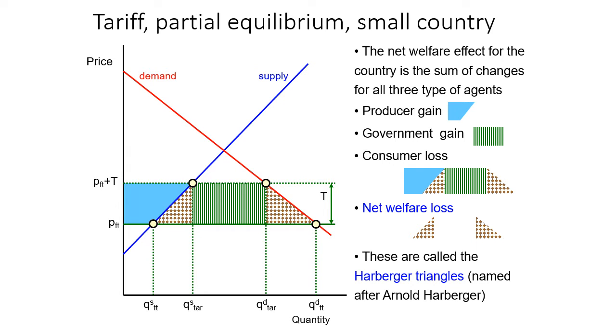But at that low price, producers are not incentivized to produce, because they're not going to get so much profit when prices are lower. So at the price of PFT, our local producers are only going to supply QSFT.